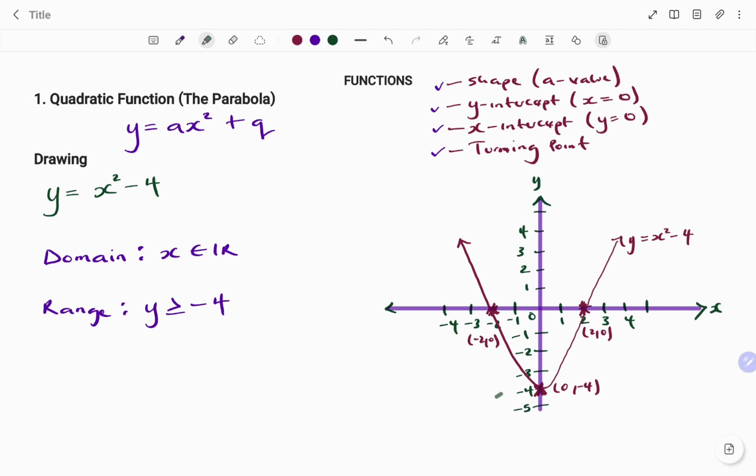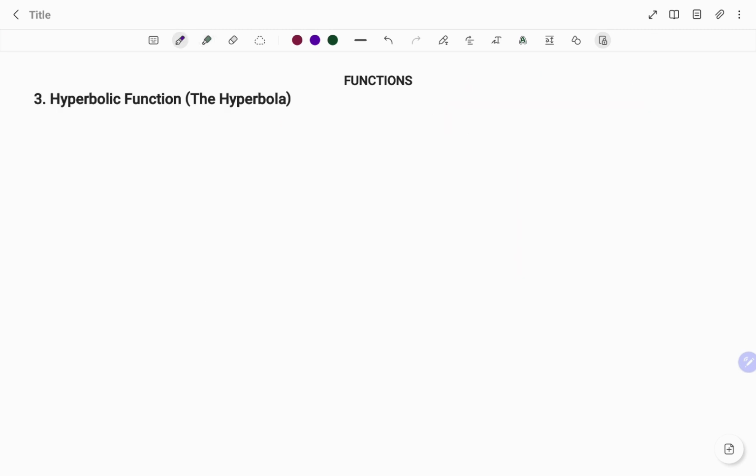Let's look at the next function, which is our hyperbolic function. For our hyperbolic function, or the hyperbola, for grade 10, we have a standard equation y equals a over x plus q. I'm going to start with q.